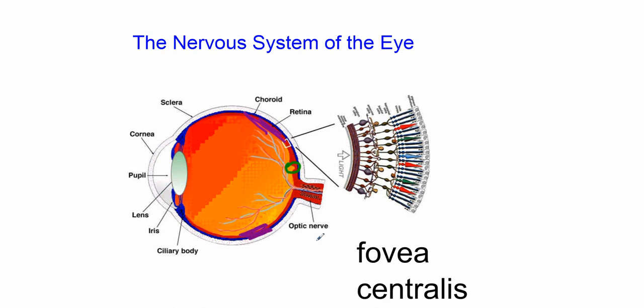This is why with our peripheral vision, if you're just walking along and all of a sudden something catches your attention on the right or left, you see the image, but you don't have a good sense of what the color is, right? Now, what would happen in animals that don't have a lot of cones? They would have very, very bad color vision. For example, dogs, they don't have a lot of cones, so they see things mostly in black and white.